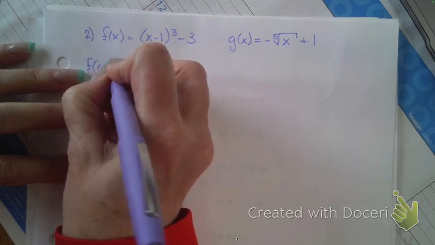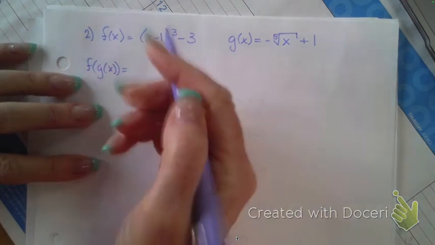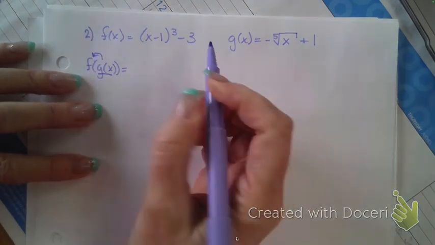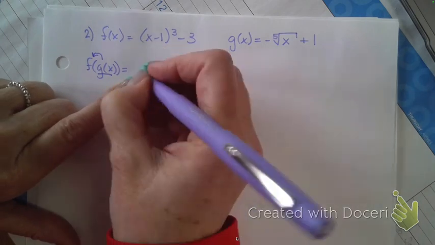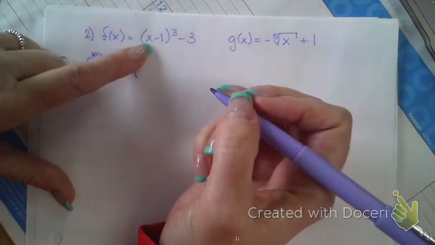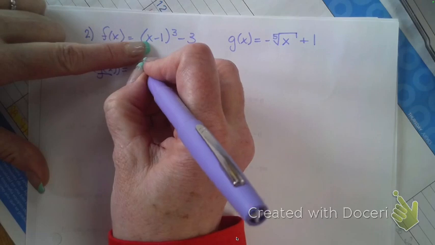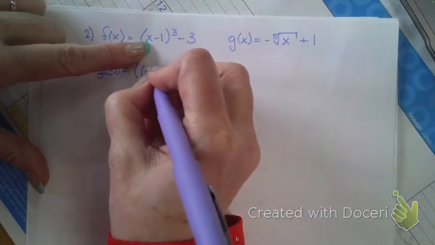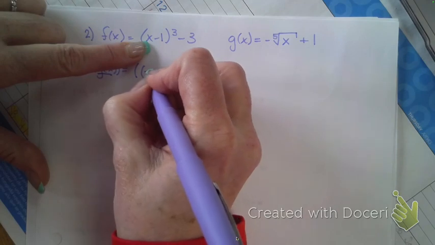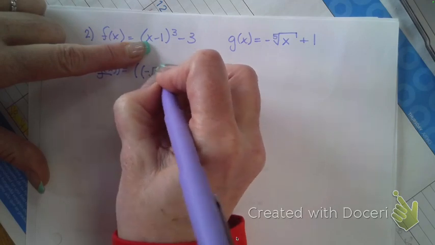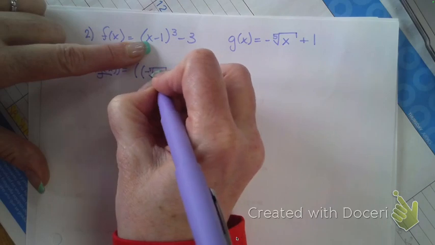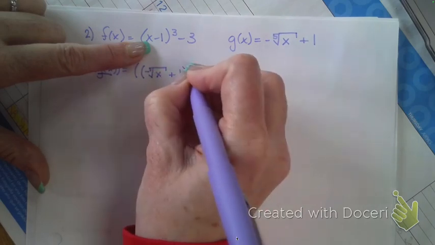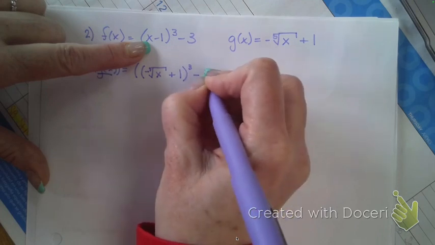I usually just do the one I wrote first. So that means I'm putting g into f. Okay, so I have parentheses x. So what's x? Negative the fifth root of x plus 1, cubed, minus 3.